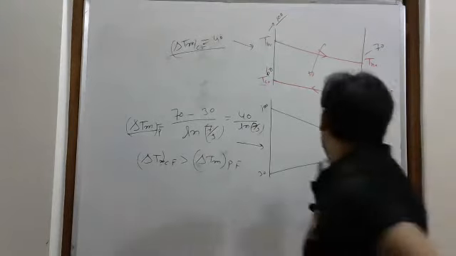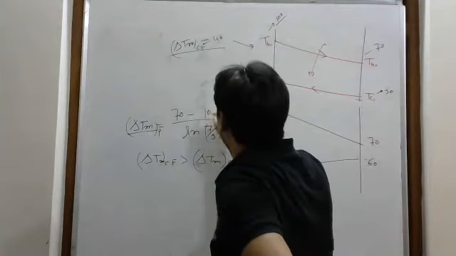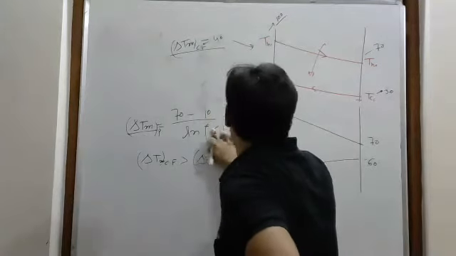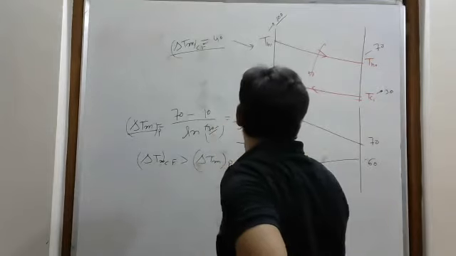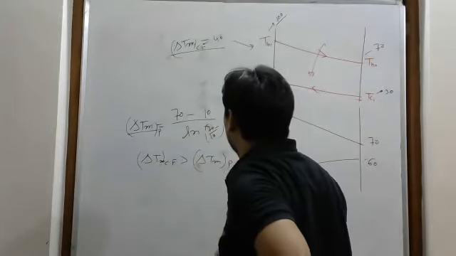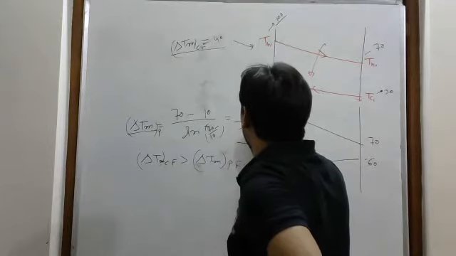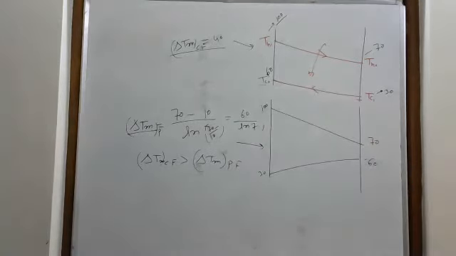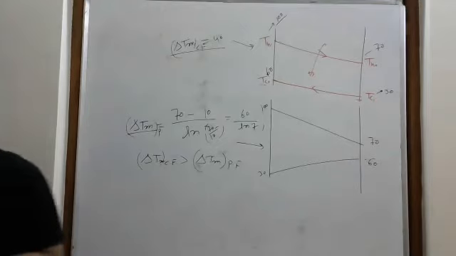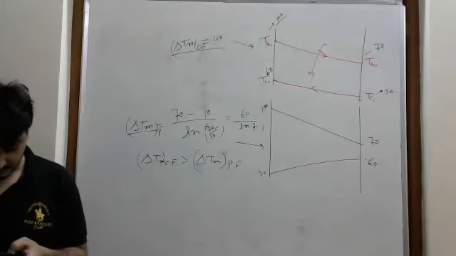Sorry, I made a mistake. This is 70 minus, this is 10. And this is how much? 70 by 10. Now this is 60 by ln 7. Find the ln 7 value. You people are right.